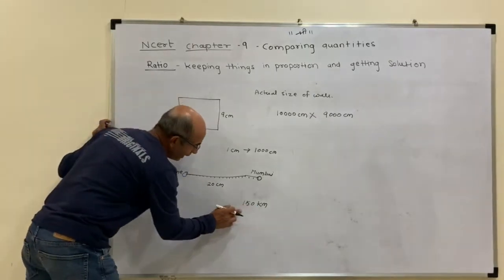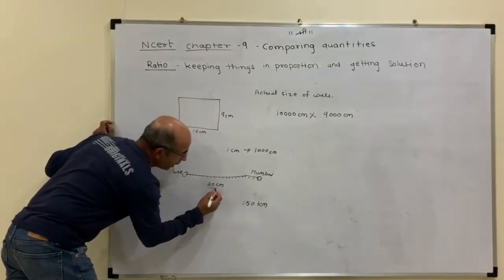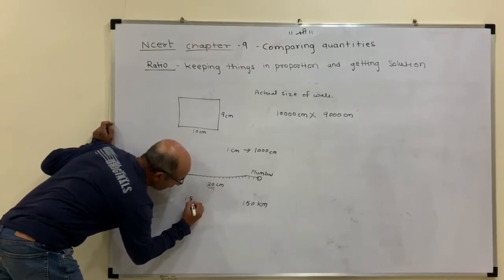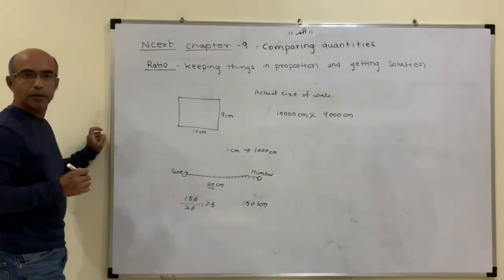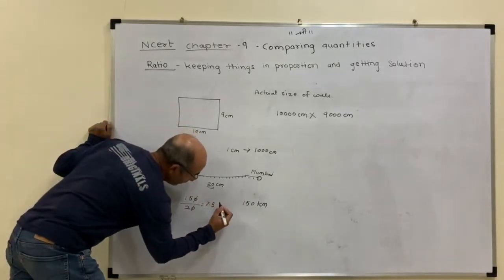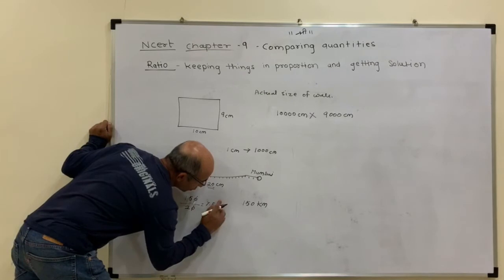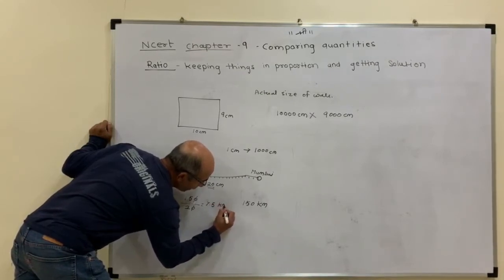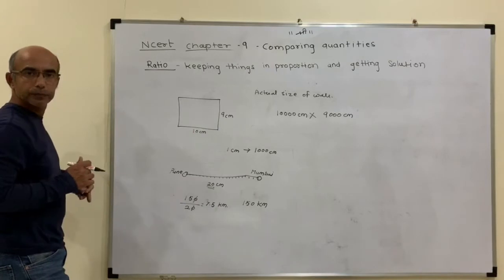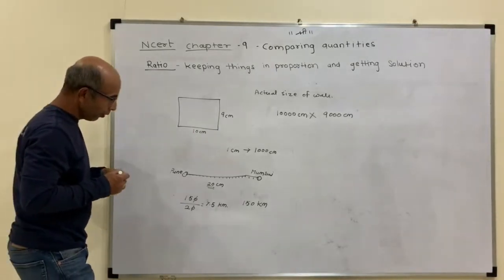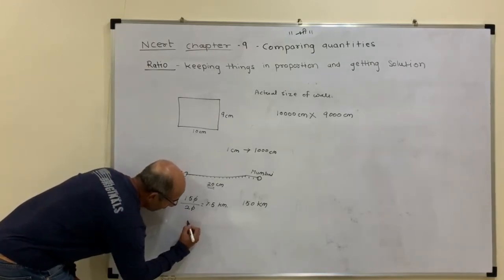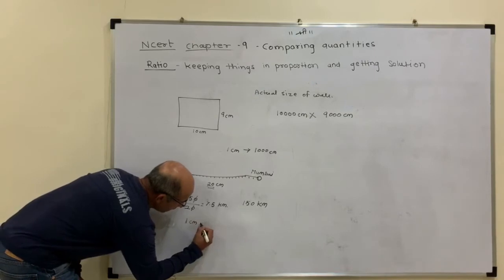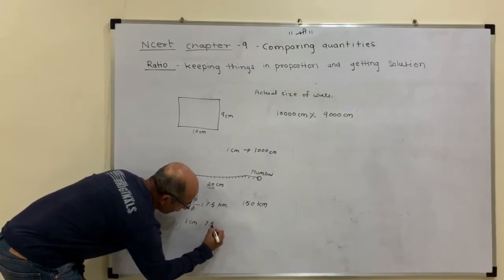So the proportion is 150 divided by 20. For each centimeter I am showing 7.5 kilometers. You got it? The ratio is 1 centimeter to 7.5 kilometers.